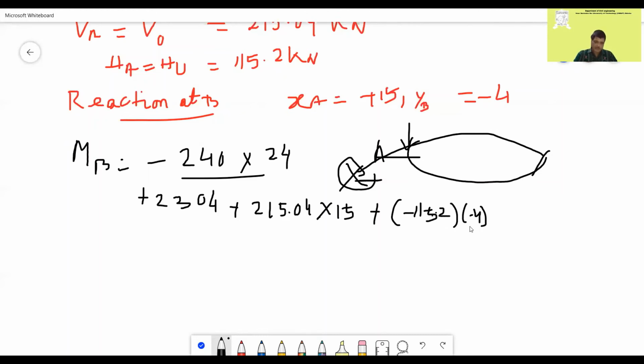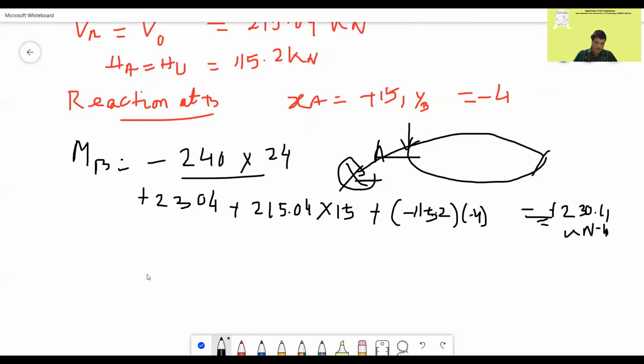This value comes out to be 230.4. Positive means tension is inside. If the value is plus, tension is inside; if minus, it is outside.